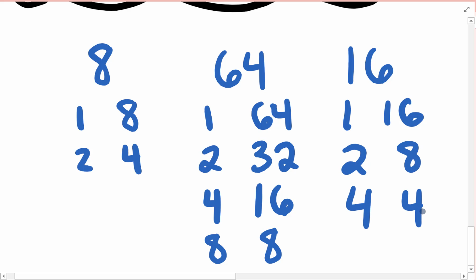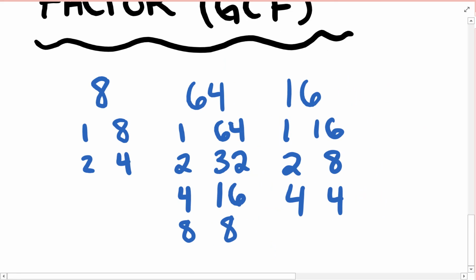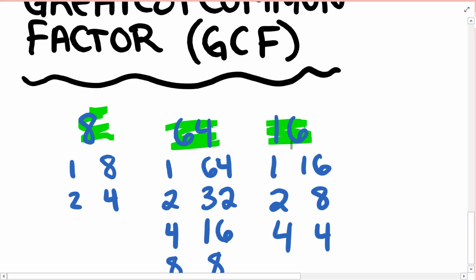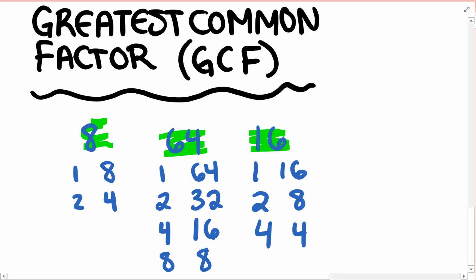So the greatest common factor, the GCF of 8, 64, and 16, is going to be the largest number that is a factor of all three numbers. Well, I can see that 2 is a factor of all three numbers, but is it the biggest one?